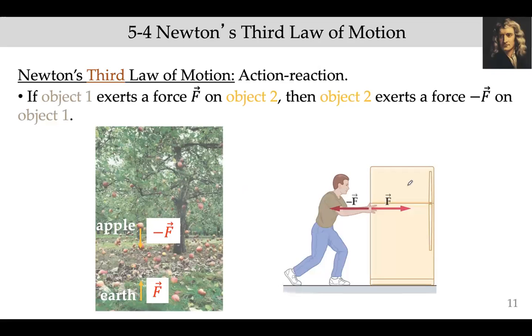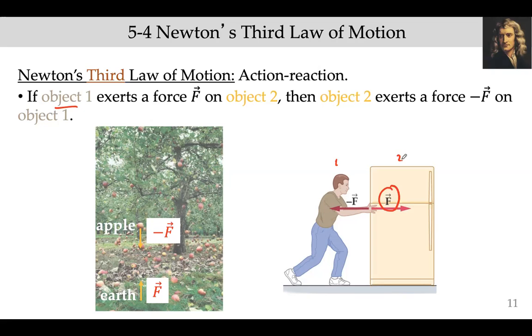Okay, let's move to Newton's third law of motion. It's the action-reaction pairs. Let's say we have two objects. If object one exerts a force F on object two, in this case, let's say object one is the person, object two is the fridge. So object one is exerting force F on the fridge.